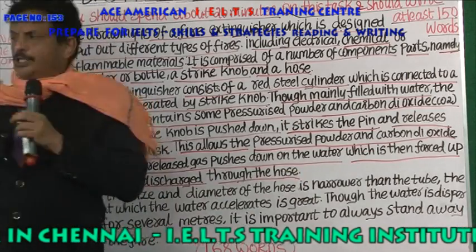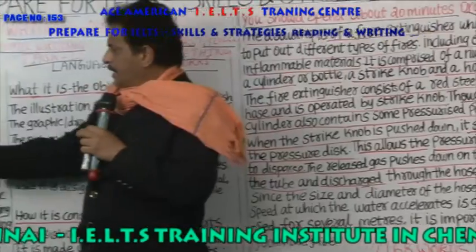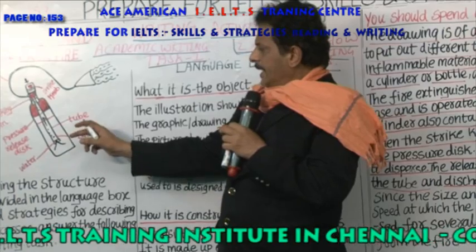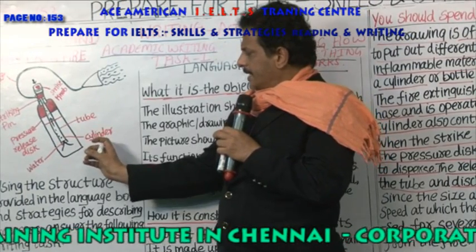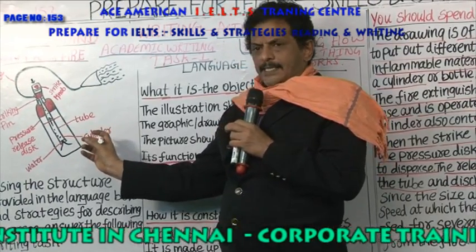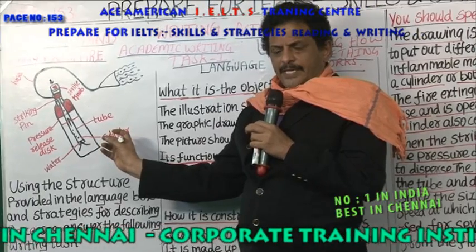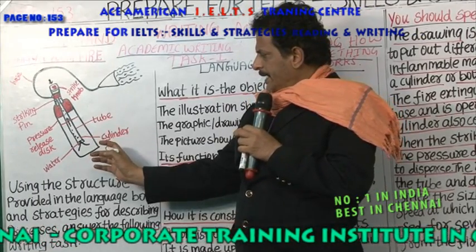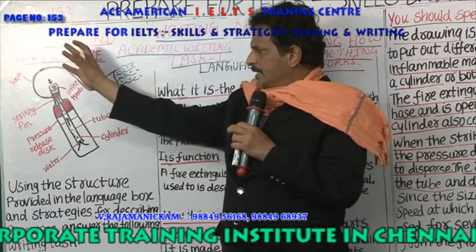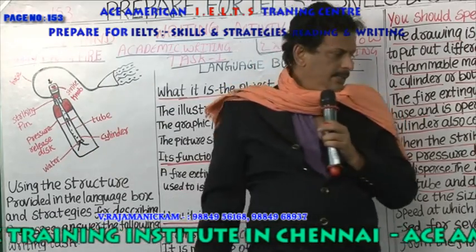Once again, a passive voice sentence is here. So, as you press the strike knob, the striking pin gets released, and the carbon dioxide and a chemical are pushed up. As it gets pushed up, the water is released through the hose.